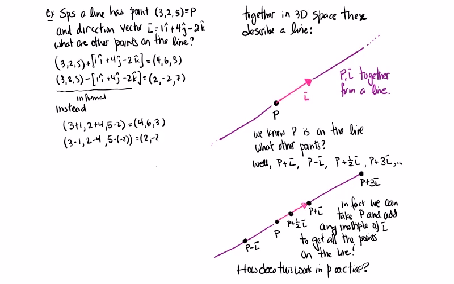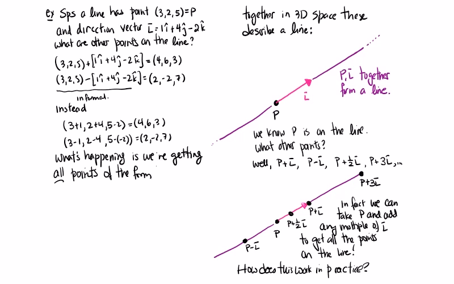That'd be (2, -2, 7). But we start to see what's happening here. What's happening is we're getting the following points. We're getting, let's say it this way, all points of the form.